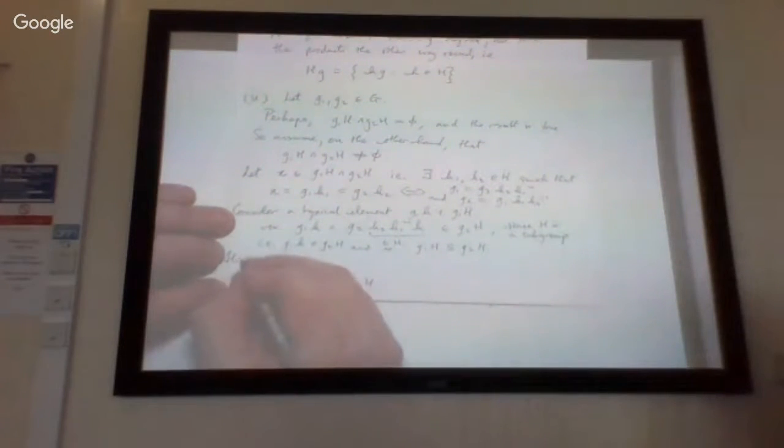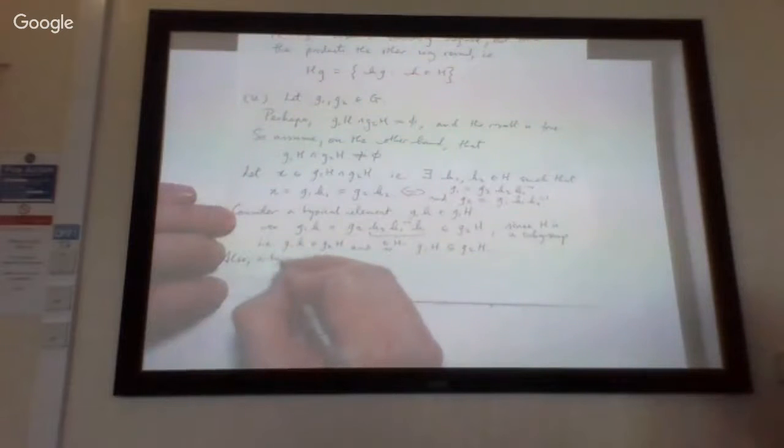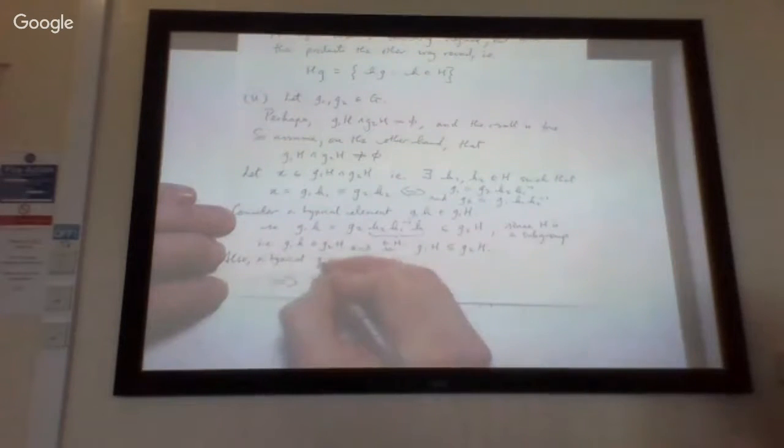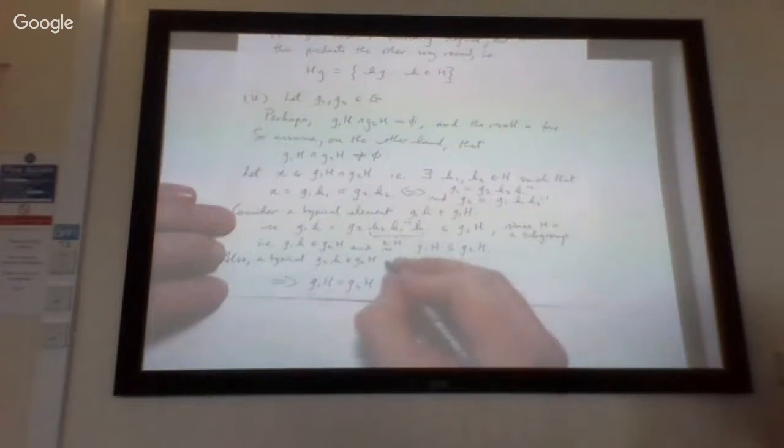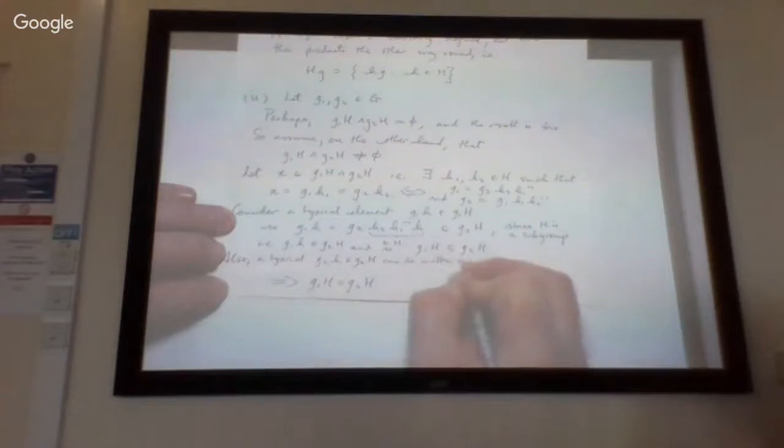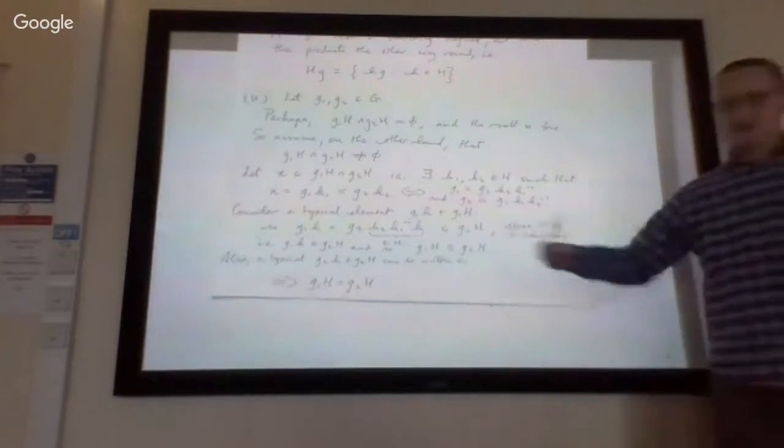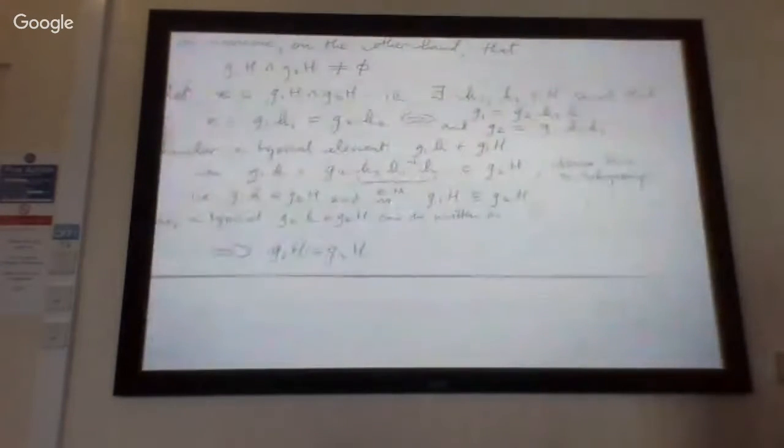So also, a typical element in the left coset G2H can be written as, sorry, because I declared the endpoint, I'm having to shrink my writing a bit here.